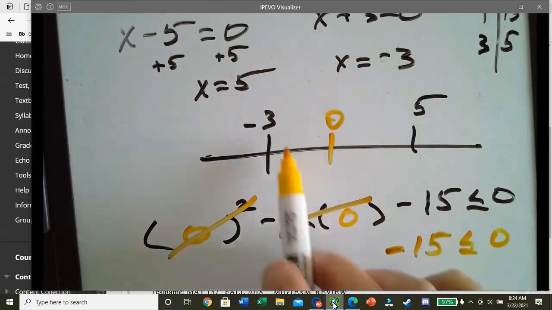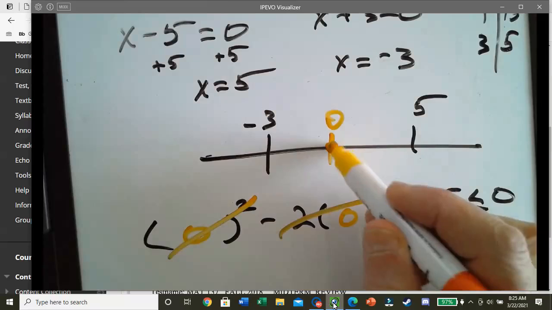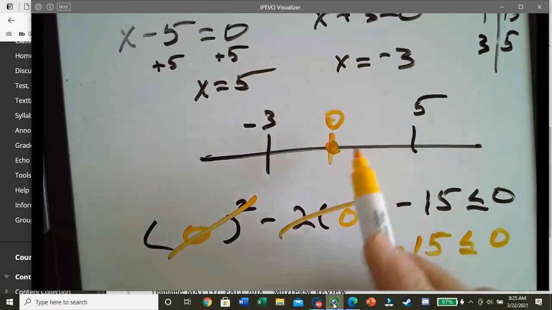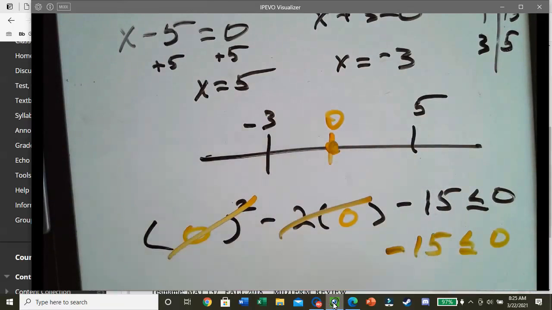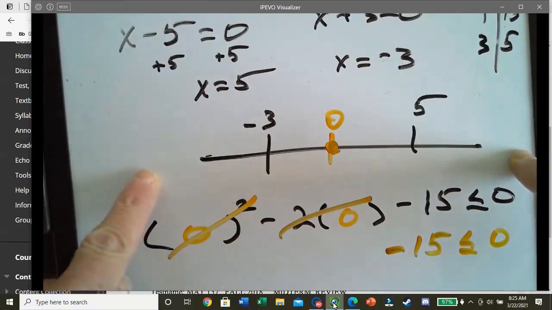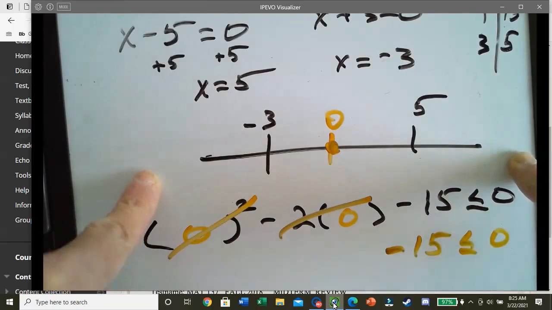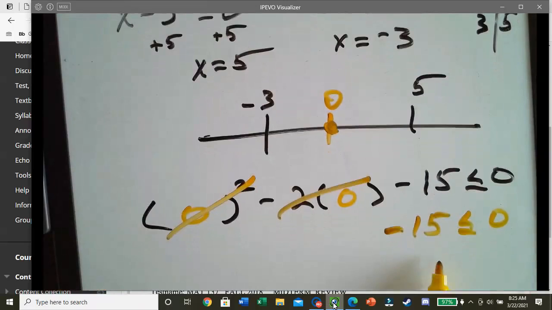Now, if that's true, then 0 is a solution. And if 0 is a solution, then all the points in between are a solution. But if 0 is not a solution, then it's all points outside. You could use one test point, and they recommend 3, but you can use one test point and get your answer.